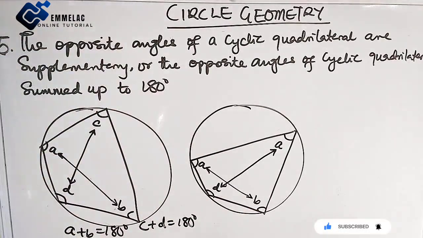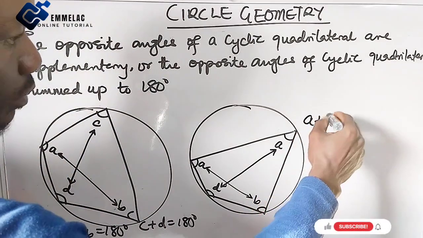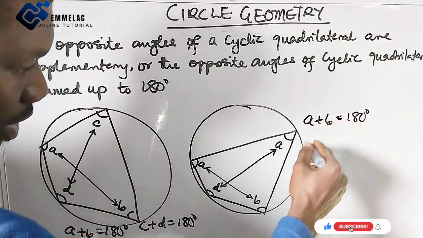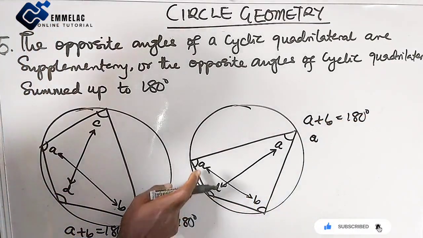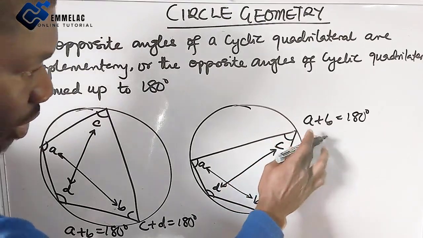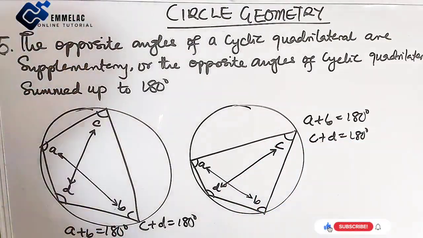All right, so in this case also, A plus B equals 180 degrees, and this is C, so C plus D equals 180.